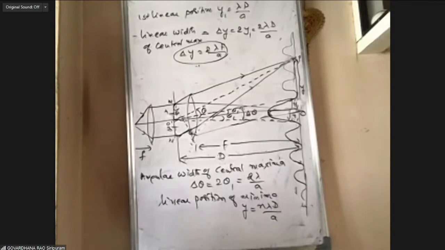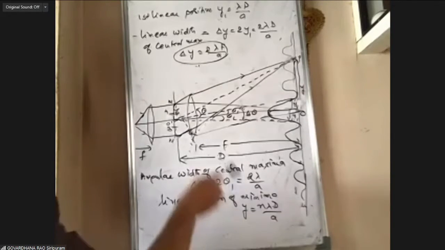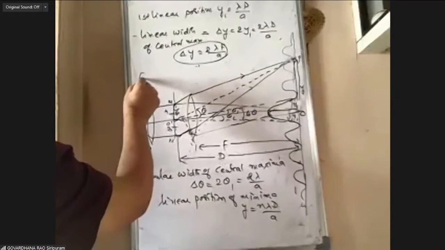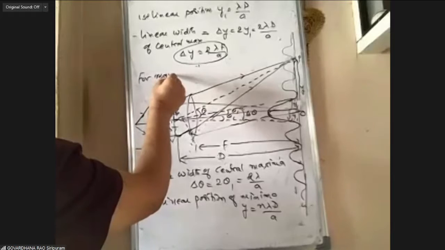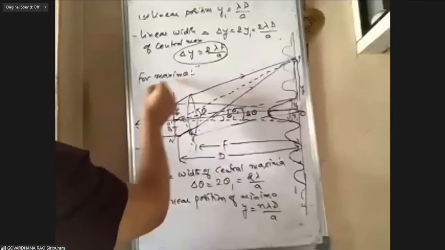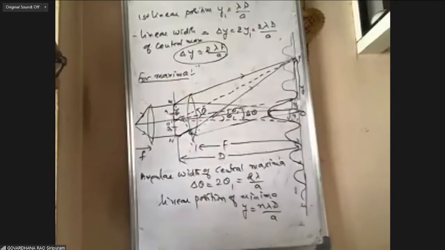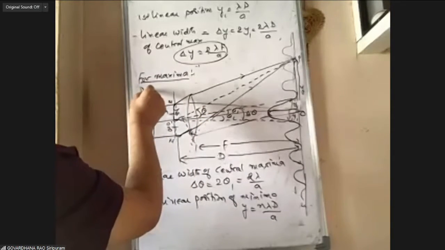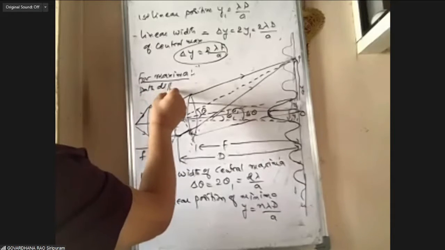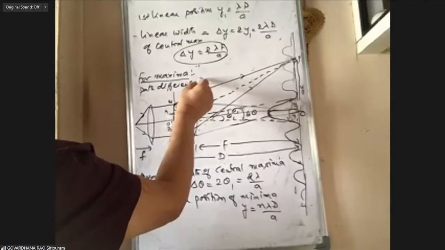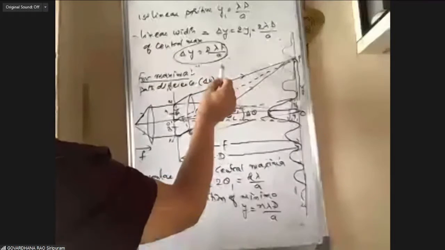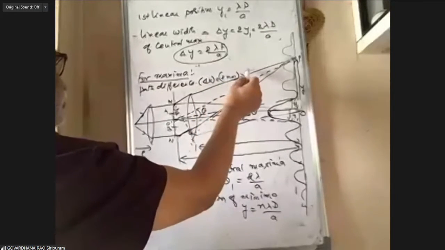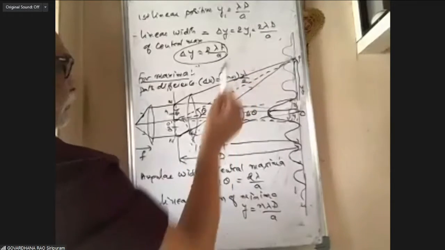Right? This is for minima. What about the maxima? For maxima, path difference delta x equals 2n plus 1 into lambda by 2.